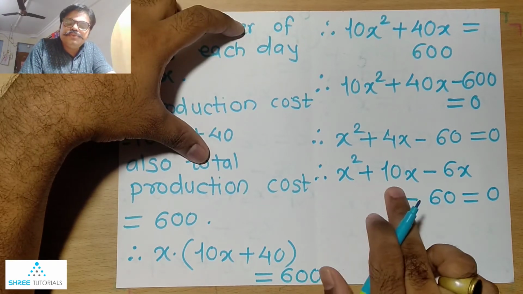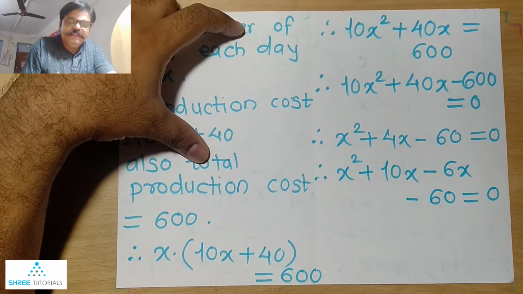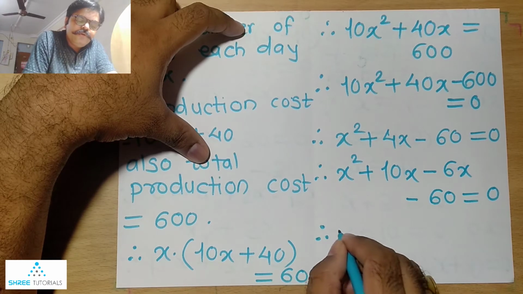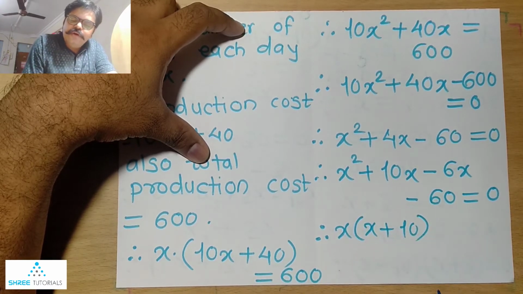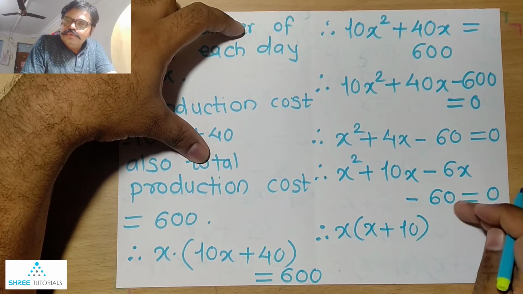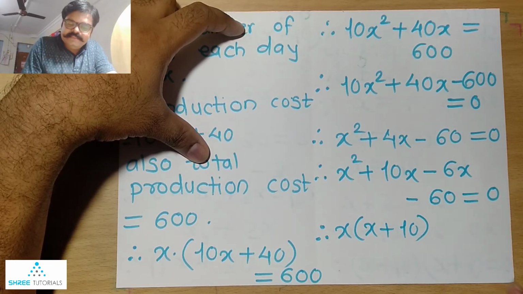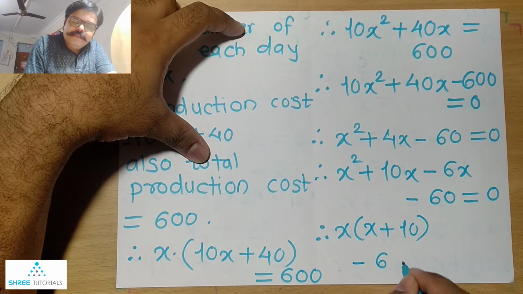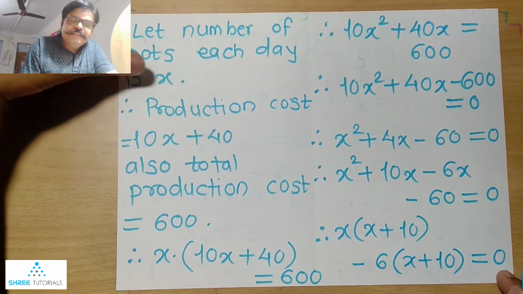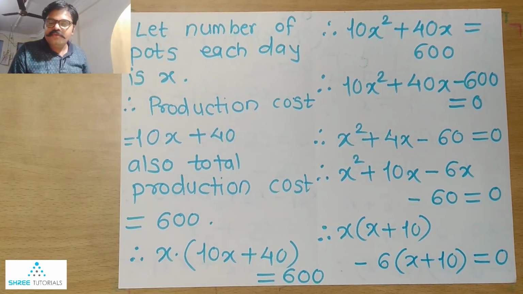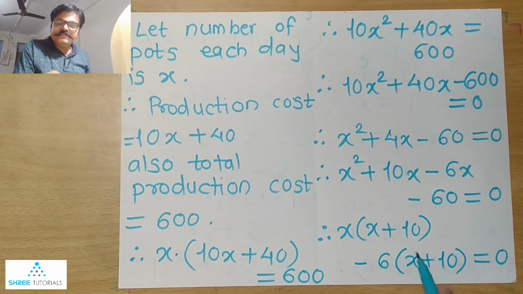Now from the first two terms we can take x as common, and therefore we have x plus 10, and from the other two terms we are going to take 6 as common, so minus 6 times x plus 10 is equal to 0. These are the things we have got so far. Kindly notice over here, x plus 10 and x plus 10, both these brackets must match.